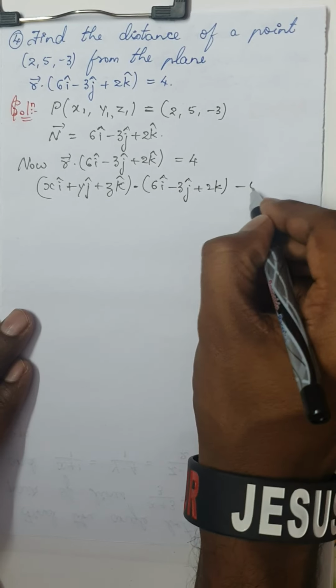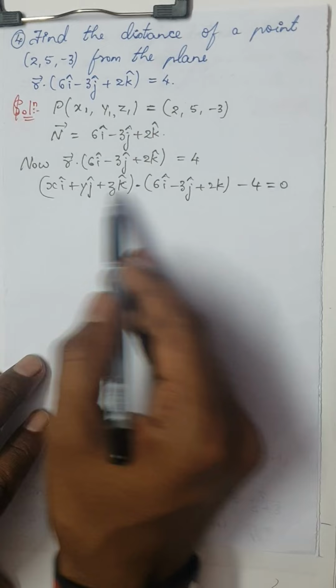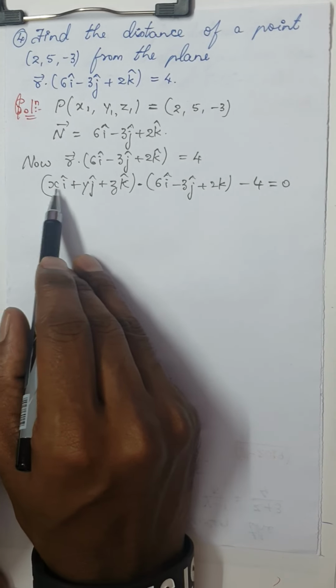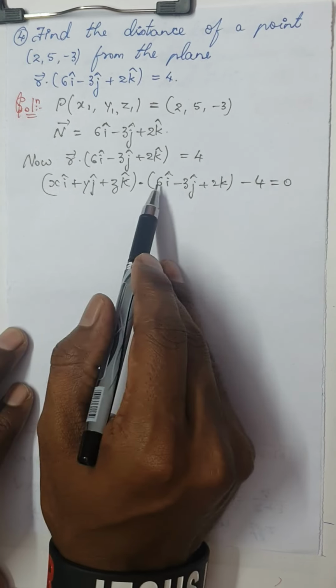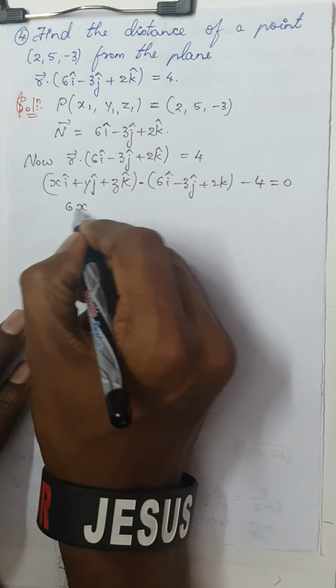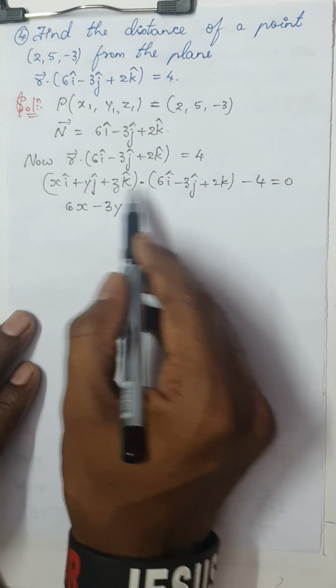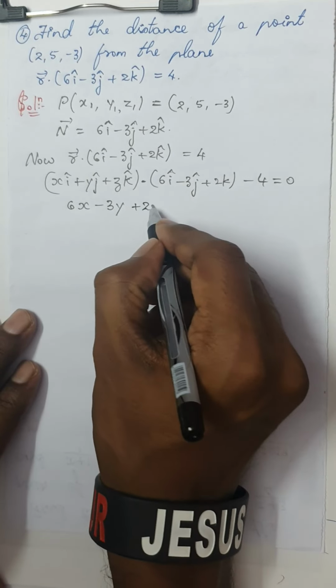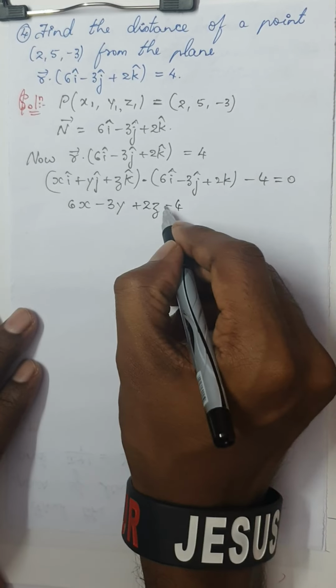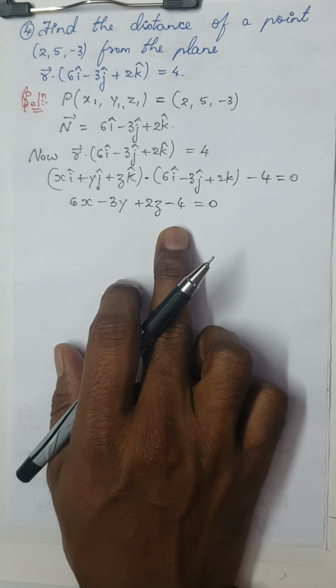Let me bring this minus 4 to the left hand side, is equal to 0. We know how to take the dot product of two vectors: the coefficients of i, j, k are multiplied. So 6 into x, I'll get 6x, minus 3 into y is minus 3y, 2 into z is plus 2z, minus 4 is equal to 0. So this is my required equation.